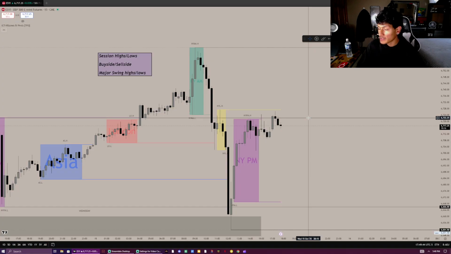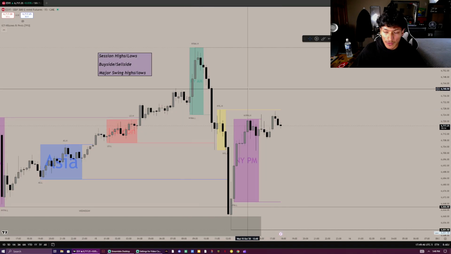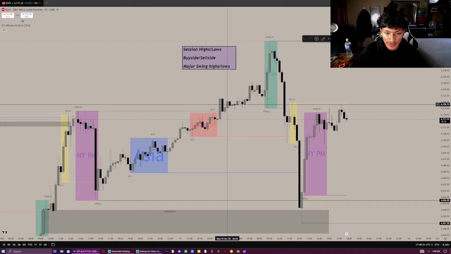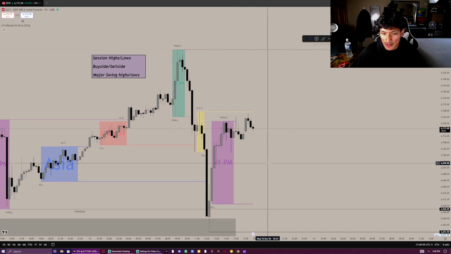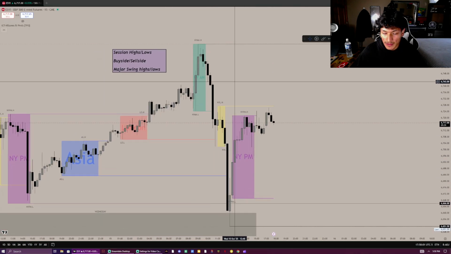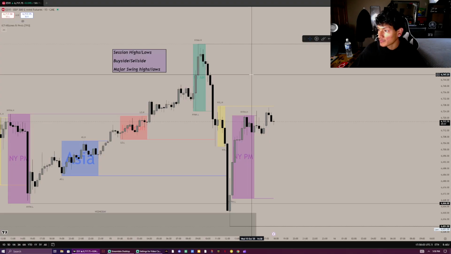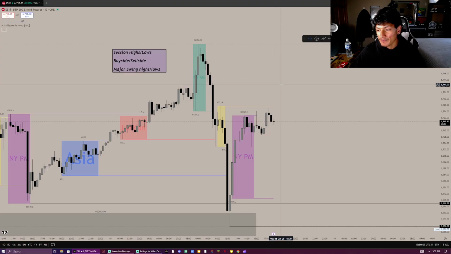So that all has to do with execution. But when it comes to my DOL, I'm 99% accurate. I know every time. So I'm never confused when I see price go to a certain level, because I'm like, oh, that's a higher time frame, or that's a major swing low, buy side or sell side, or session high. Price moves in a certain way, and it always seeks liquidity. People have said this before. Price always seeks liquidity.